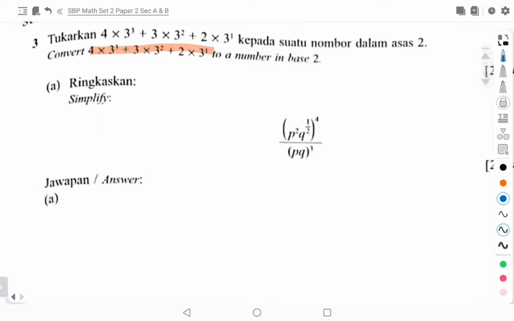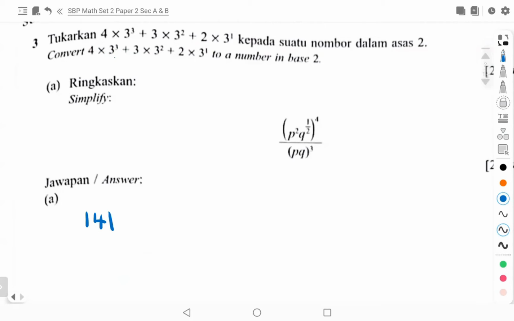Anyone? 141, right? You double check and see. Correct, 141.